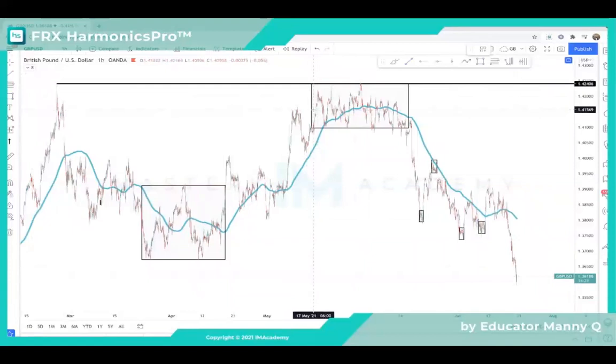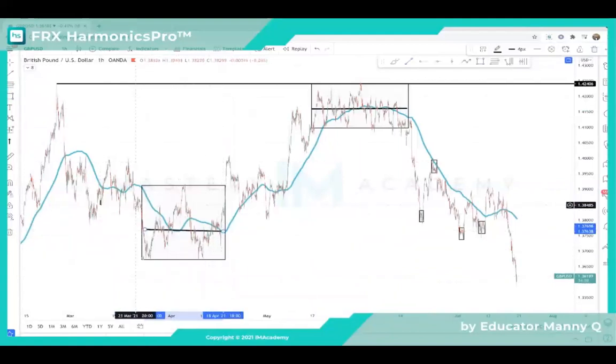When you begin to see the 200 MA start to move in a sideways range. Okay. So if you're ever confused and you want to try to do this, you can use the 200 MA and look for whenever the 200 MA goes in a sideways range or begins to flatten out in a consolidating type of area.